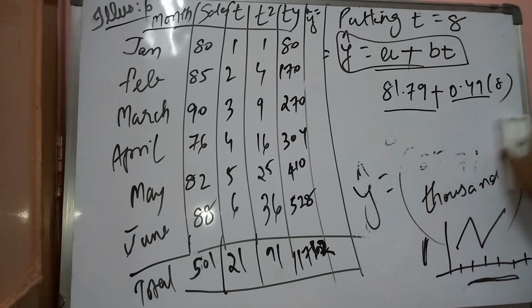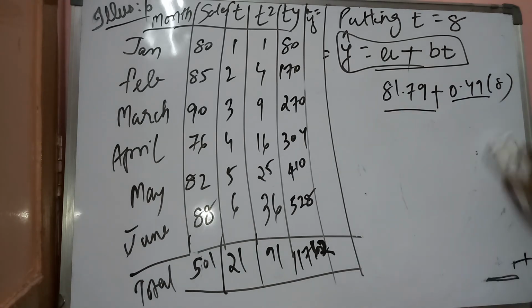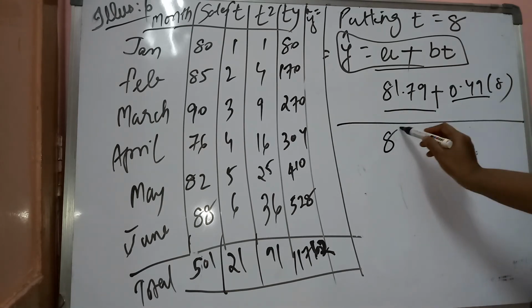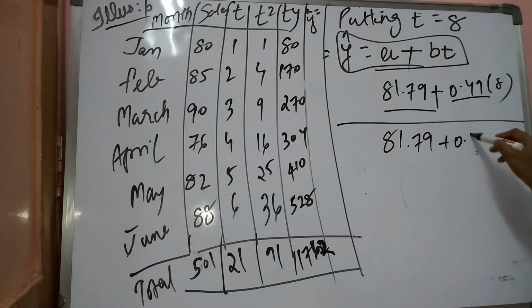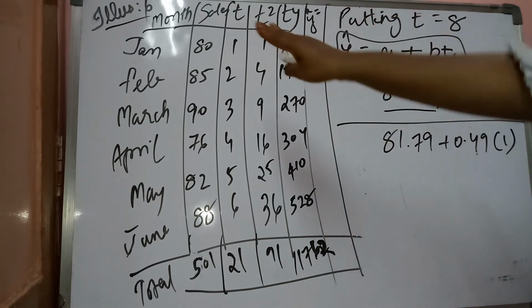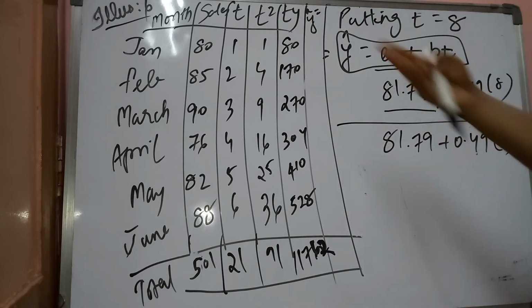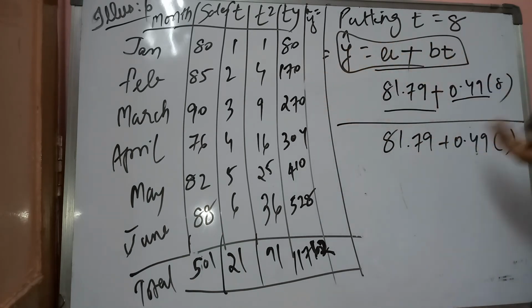Say for example, I will show you for the first month, that is January. Instead of 8, I am keeping 1. Why 1? Because I have to find the trend for the first month. If you want to find for the second month, that is February, then you have to write 2.